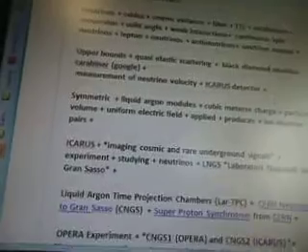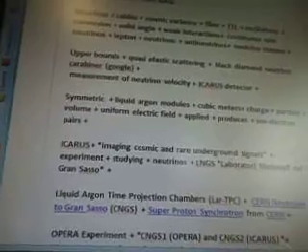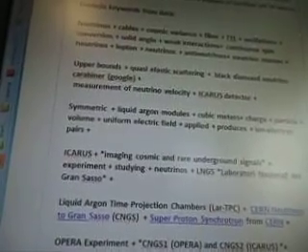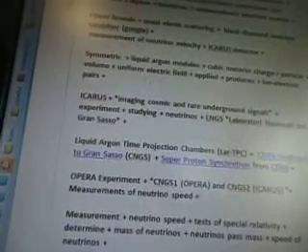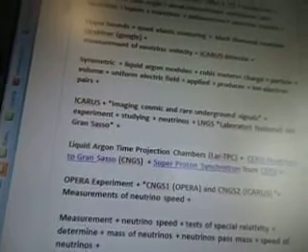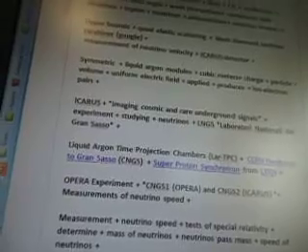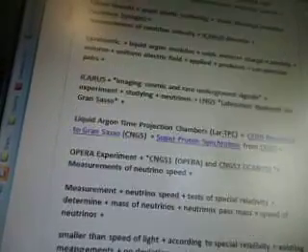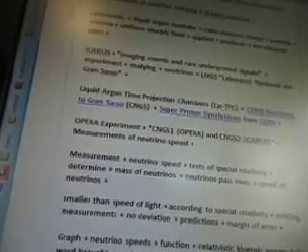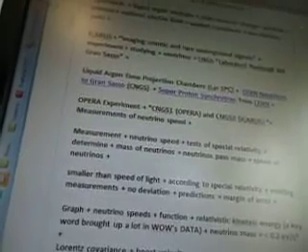And measurement of neutrino velocity in ICARUS detector, symmetric liquid argon modules, cubic meters, charged particle, volume, uniform electric field applied, produces ion-electron pairs, ICARUS, imaging cosmic and rare underground signals, experiment, studying neutrinos, LNGS, Laboratorio Nazionale del Gran Sasso, liquid argon time projection chambers, CERN neutrinos to Gran Sasso, Super Proton Synchrotron from CERN, OPERA experiment.